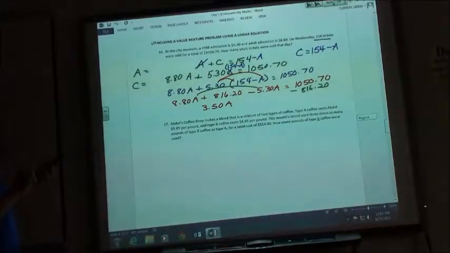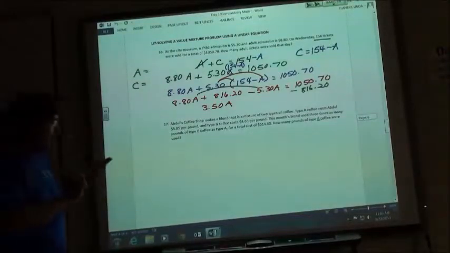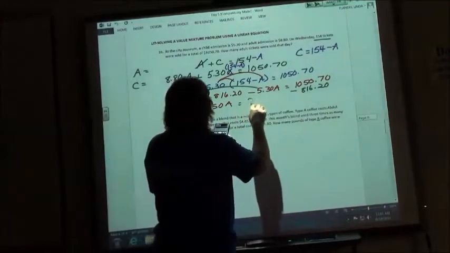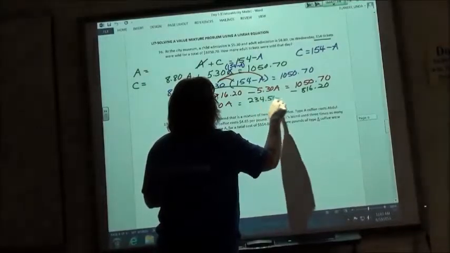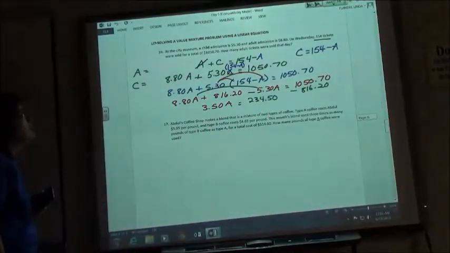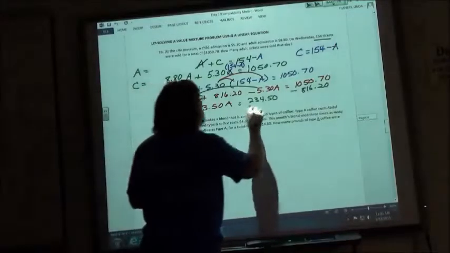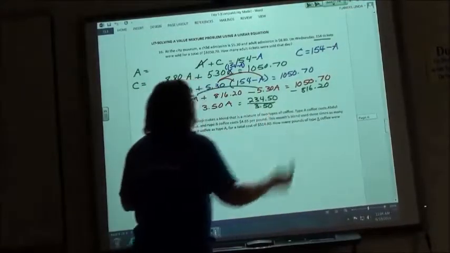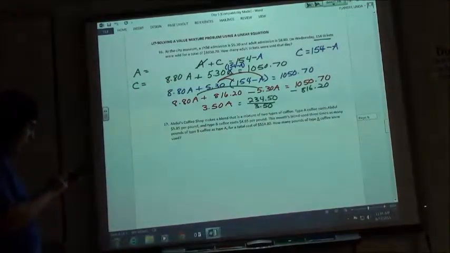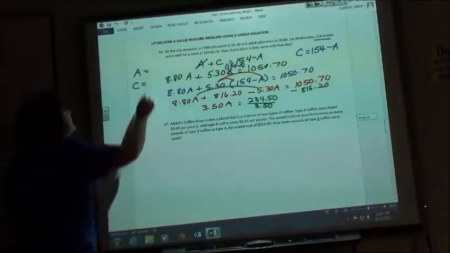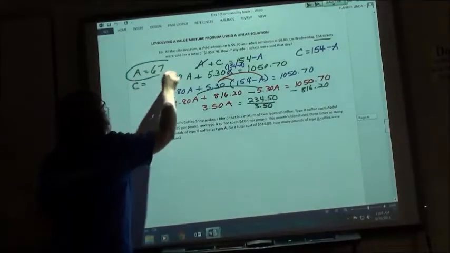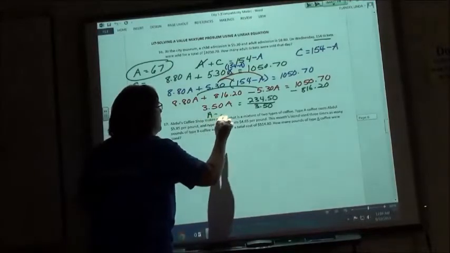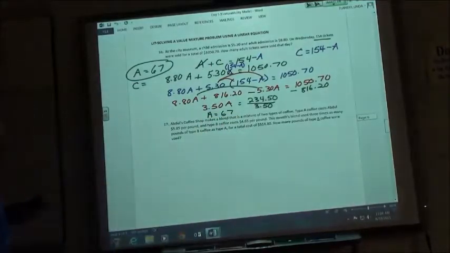So 350A is going to equal 1,050.70 minus 816.20, which is $234.50. So in order to solve that for A, how many adult tickets were sold, I can divide by 350. Divide that by 350, and I get 67. So A equals 67 adult tickets were sold.